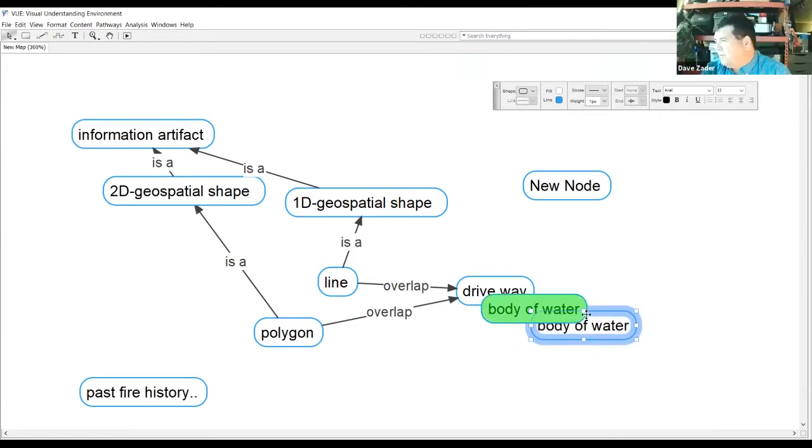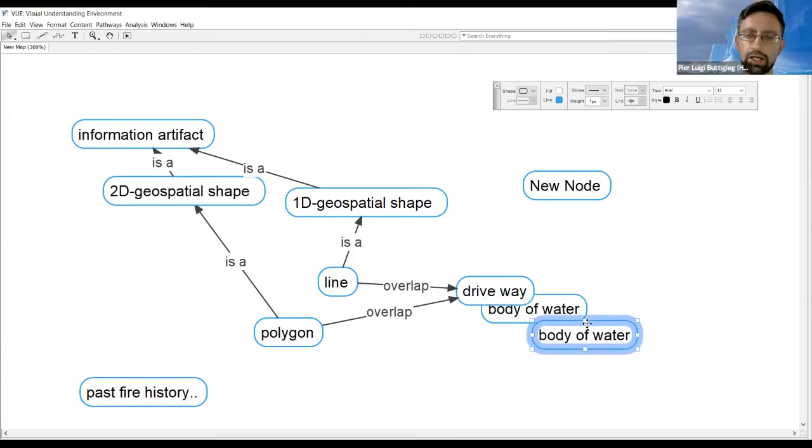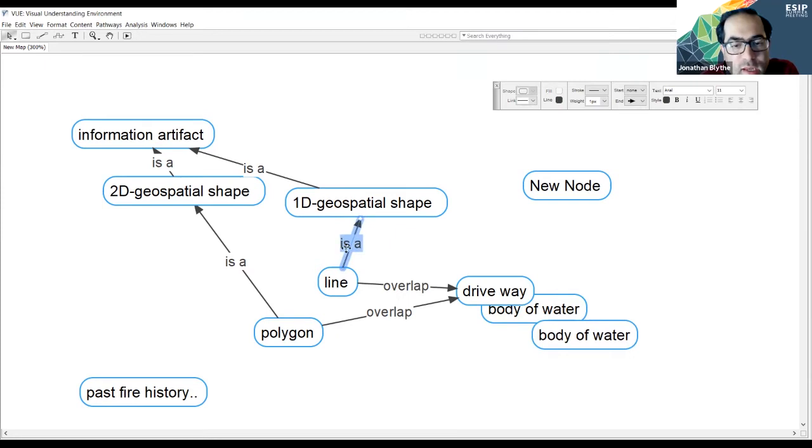Yeah, I mean, the line is two-dimensional. In GIS solutions, you'd say it's two-dimensional, because it's not a straight line. It's very rare that lines are straight in the real world.